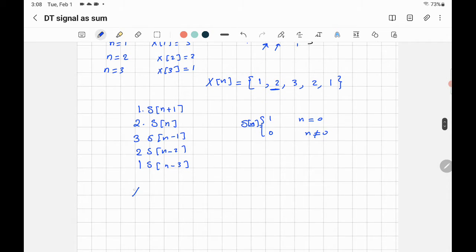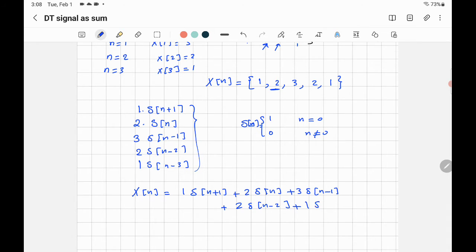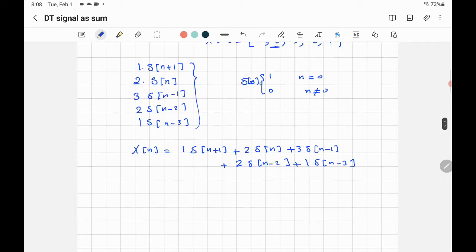And you can express x of n as the sum of all these impulses: 1 delta n plus 1, plus 2 delta n, plus 3 delta n minus 1, plus 2 delta n minus 2, plus 1 delta n minus 3. So that's how we make the sum.